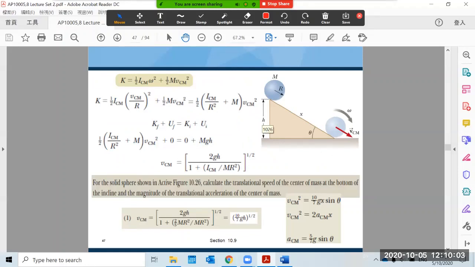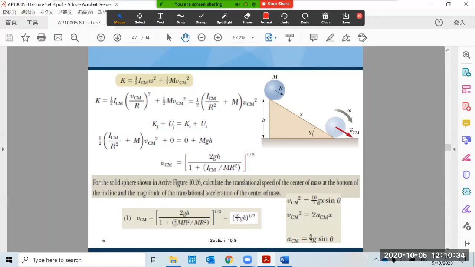So here we try to figure out how the kinetic energy is coming from the rotational energy and the linear kinetic energy. So here we write down the equation. K is equal to 1/2 I_CM omega squared plus 1/2 m V_CM squared.